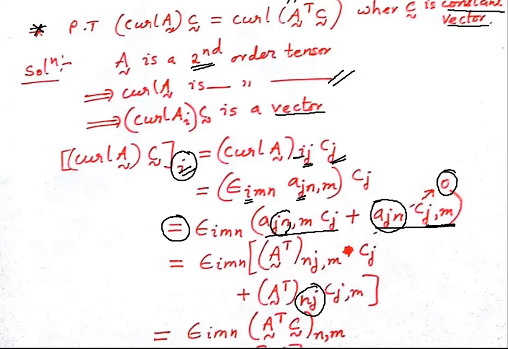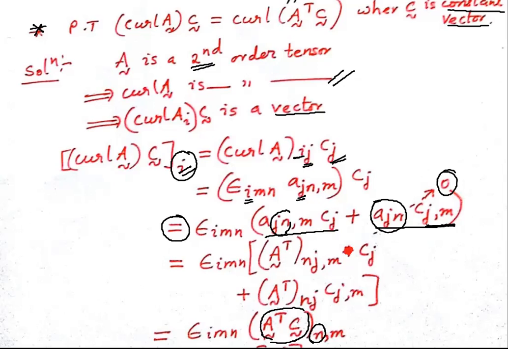Now, just watch this. We have A transpose nj, Cj. Don't look at commas now. We have A transpose nj Cj, and that is nothing but the ordinary product A transpose C, and the suffix is n, and comma m outside.